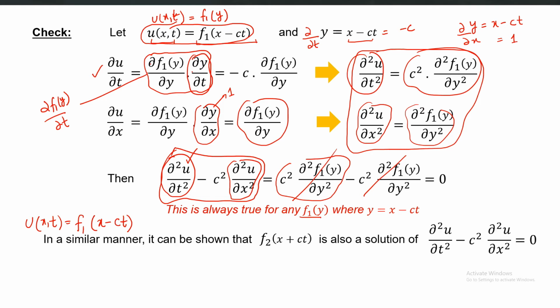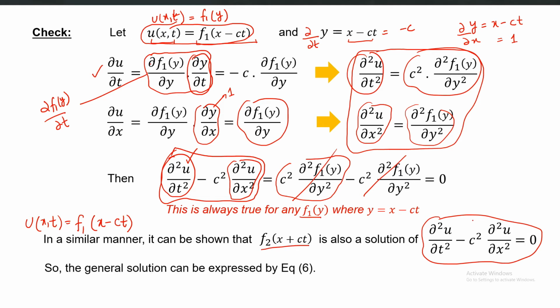Similarly, we can show using the same exercise that any other function which is a function of x plus ct will also satisfy the original governing equation. So that is also a solution of that equation. Currently, I again repeat, we don't know f1 and f2, but we know that they are functions of x minus ct and x plus ct.